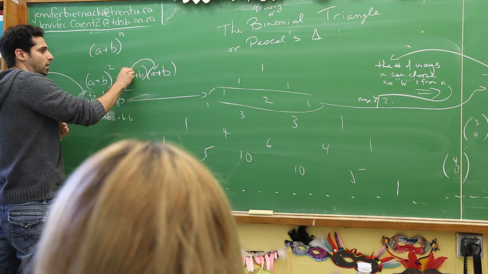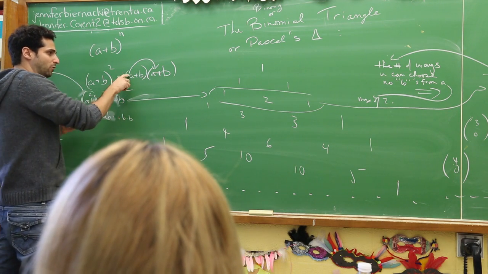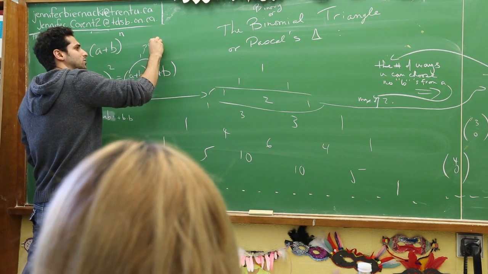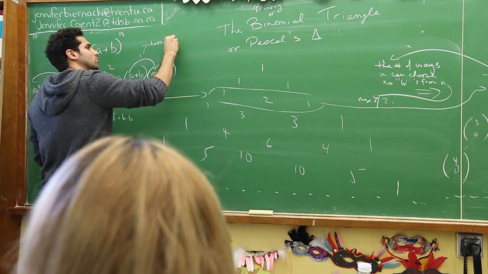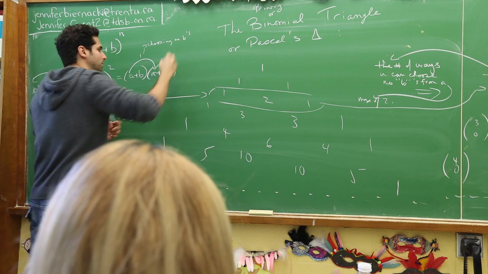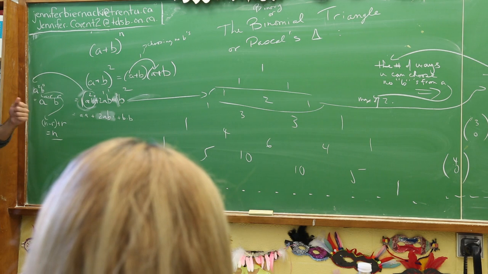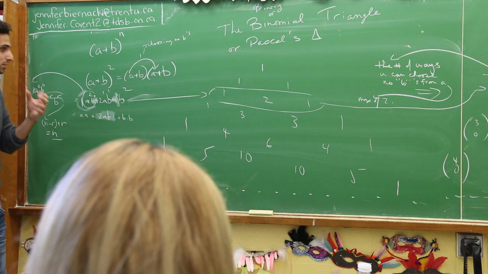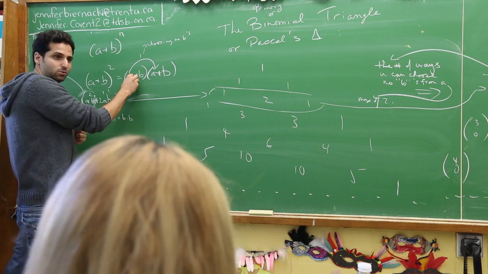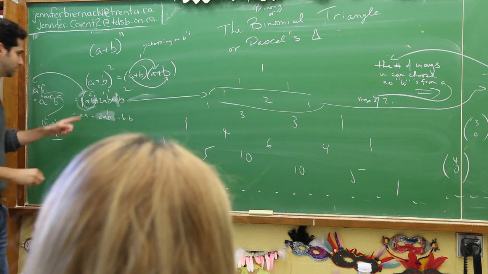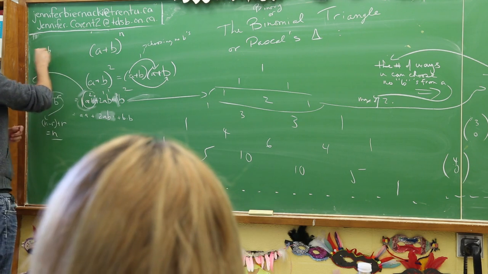So that first step involves choosing how many b's? 0. And how many pathways generated that? 1 pathway. Now let's talk about choosing 1 b. There are 2 pathways. Because watch, if you continue with the expansion, that pathway generates an AB term, right?